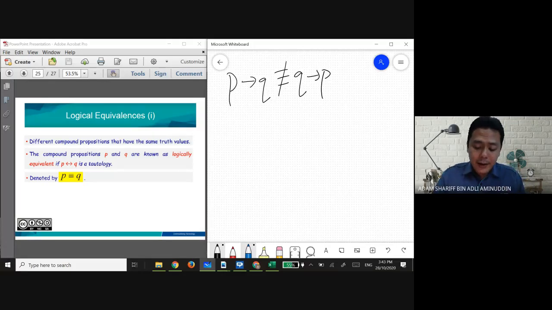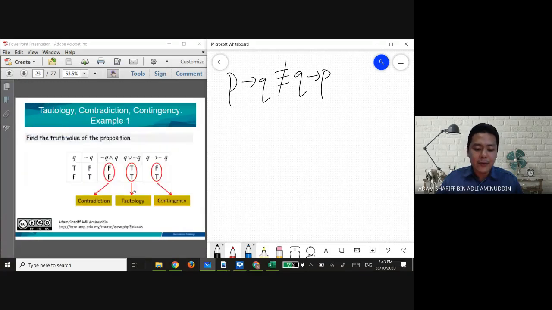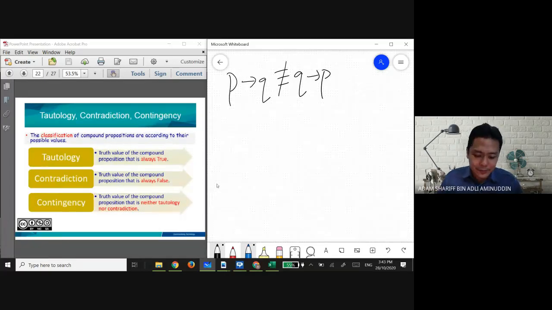Right now, how do we use the truth table to verify whether it is logically equivalent or not? You must first know the concept of tautology, contradiction and contingency.